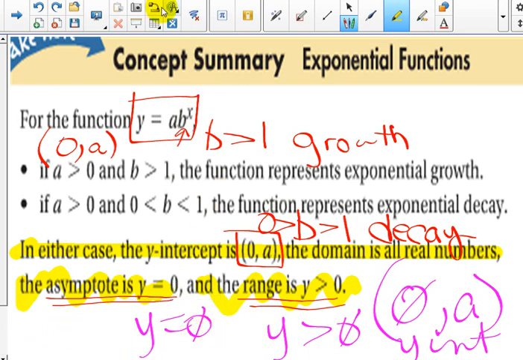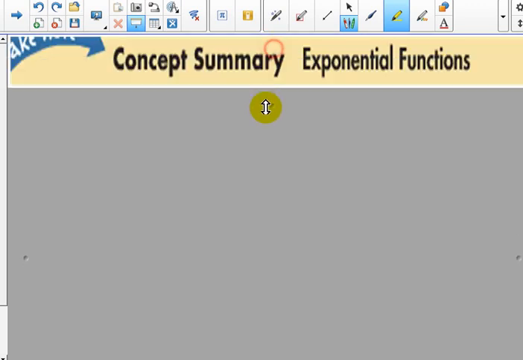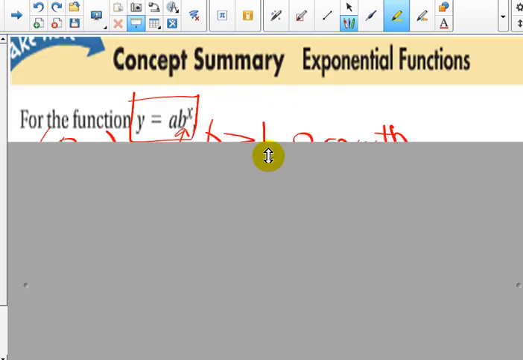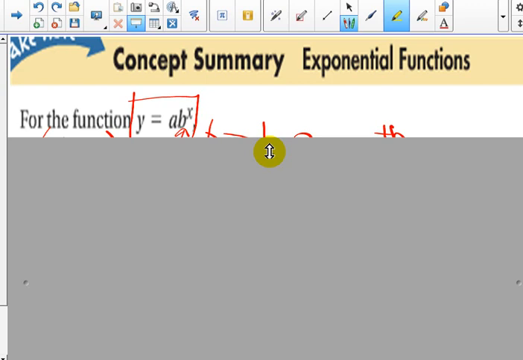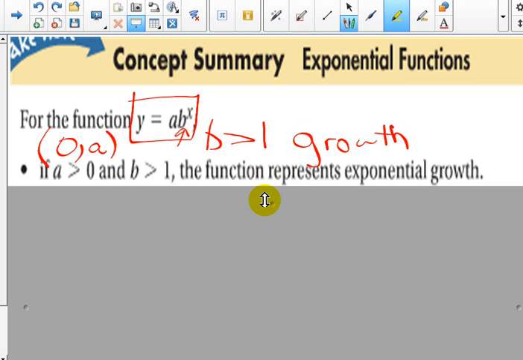I'll leave it. Okay, so now here's our formal concept summary about exponential functions. For the function y equals a times b to the x power, if a is greater than 0 and b is greater than 1, then the function represents exponential growth. So if I had an equation like y equals 3 times 5 to the x power, 3 is my a, right?